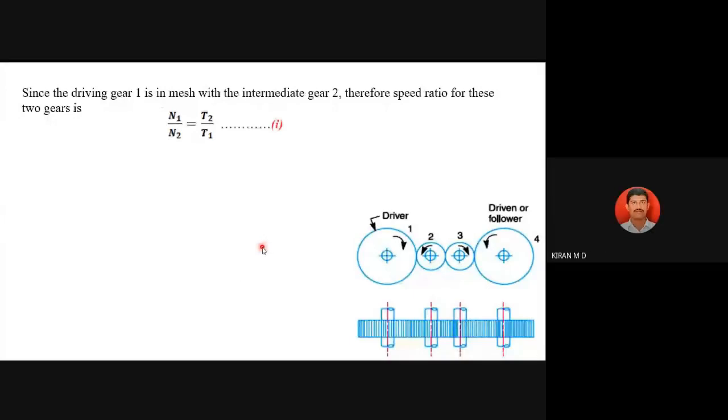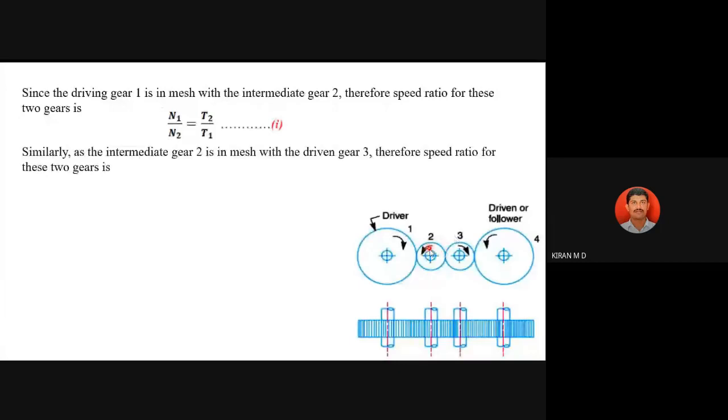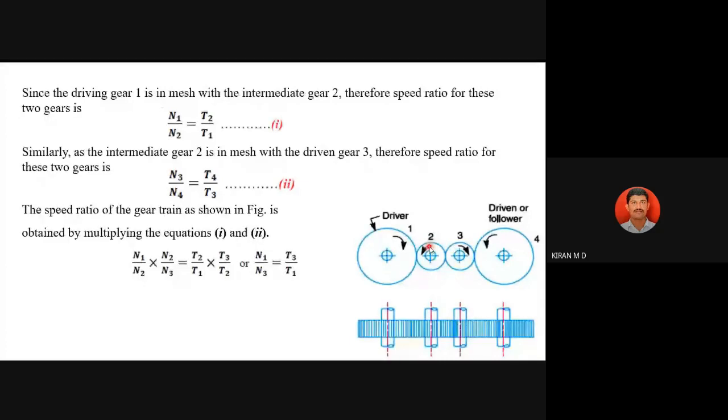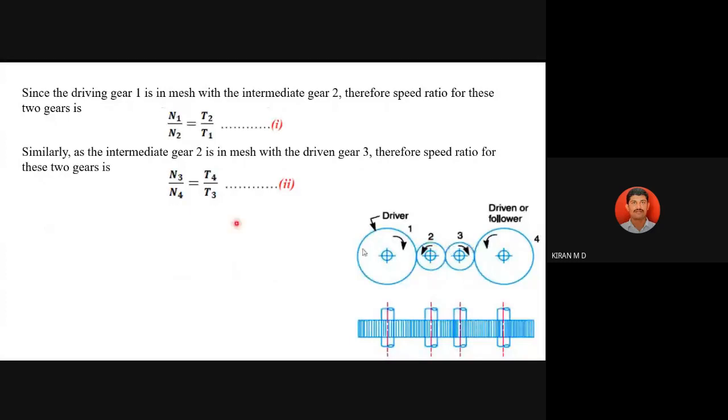Similarly, intermediate gear 2 is meshed with gear 3, and gear 3 is meshed with the driven gear.